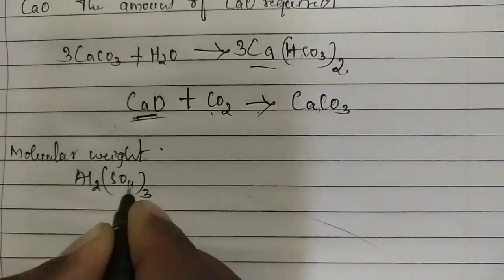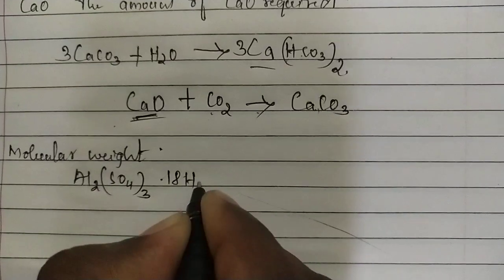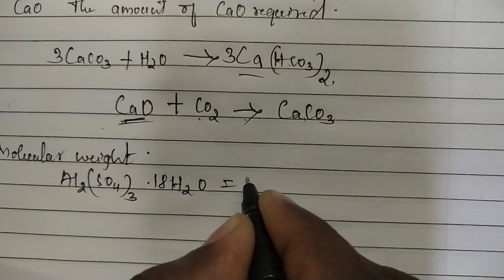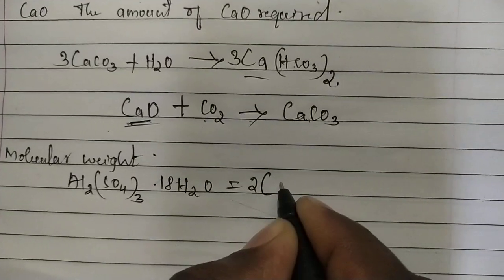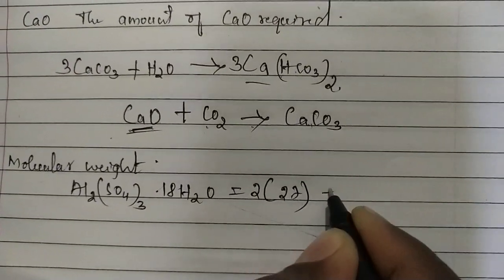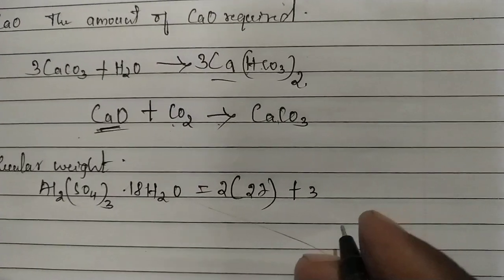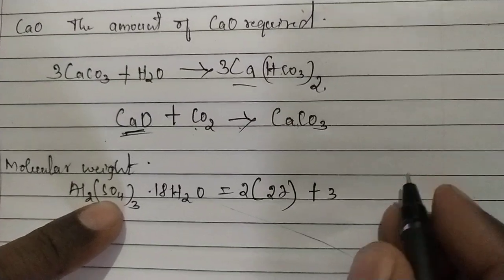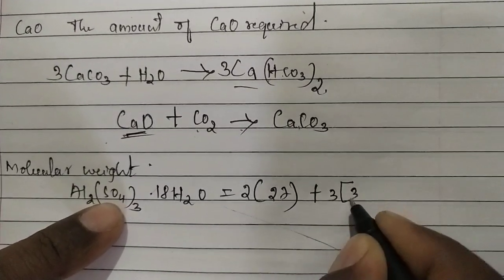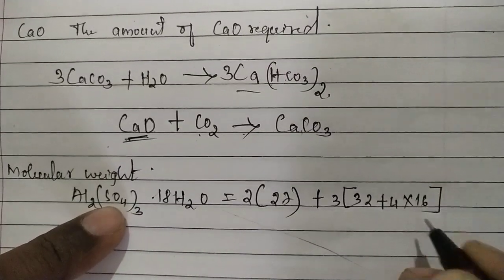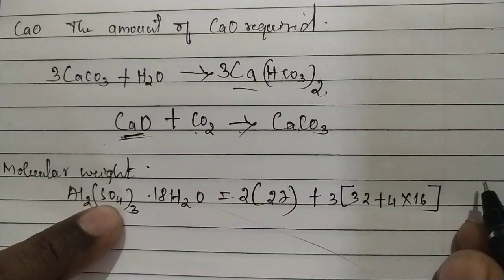Al2(SO4)3.18H2O, this is alum. This equals 2 aluminium, the atomic weight of aluminium is 27, they have given, plus 3 into SO4, that is 3 into 32 plus 4 into 16, that is oxygen.